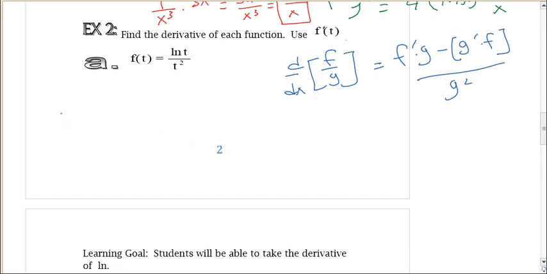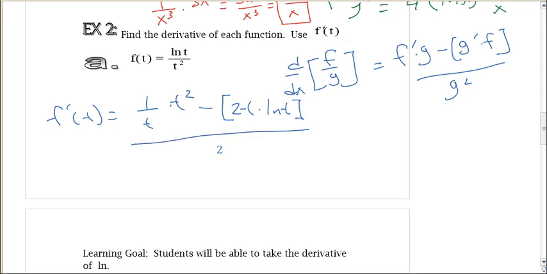Okay, so let's give it a go. F prime of t is equal to, okay, derivative of the top is 1 over t, times the bottom, which is t squared, minus grouping symbol, derivative of the bottom is 2t, times the top, all over, and this should be a t, the bottom squared.